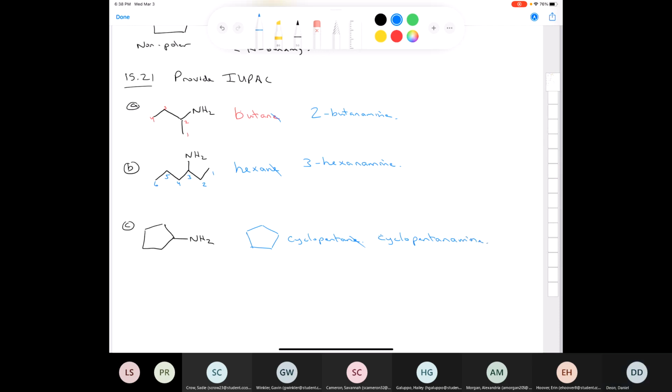Like that. Let's try one that I'm just going to make up for you, okay? What if you had something like this? Can anybody come up with a name for this compound? Give you a second to think about it.